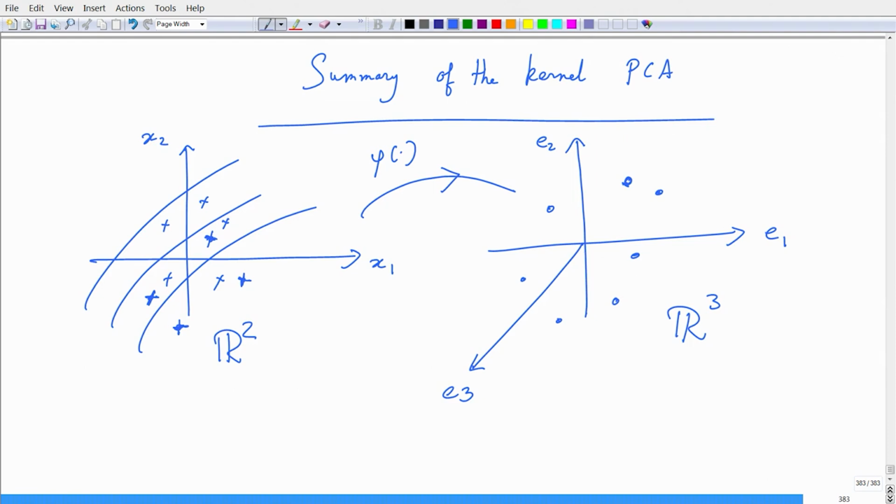So, the geometry is sort of what we have here. I have x1 and x2 in the 2-dimensional space. Let us say I have a nonlinear transformation that takes me from a 2-dimensional space to a 3-dimensional space, and in the 3-dimensional space I do this eigen decomposition and I have my representation in this form.